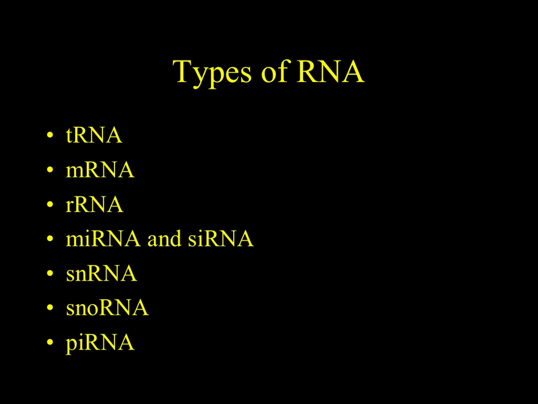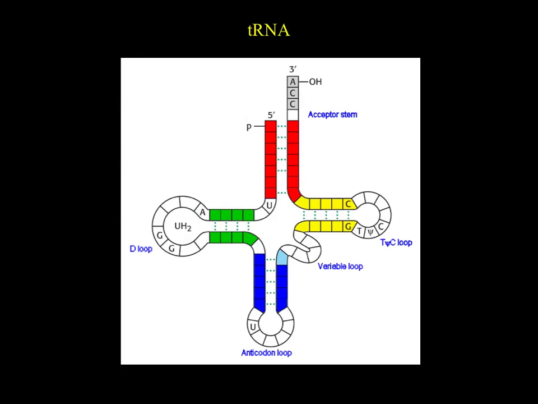Some people say 7. It does not look like this. This is the way that they usually draw it, because that way you can clearly see all of the different helices and the loops and all that kind of stuff. I do want you to know the parts of tRNA, which to me is like a little game.